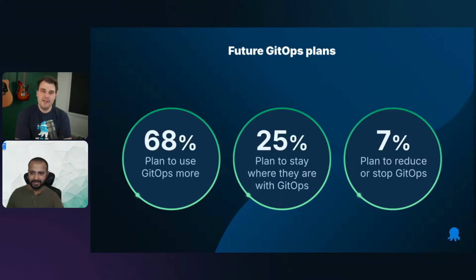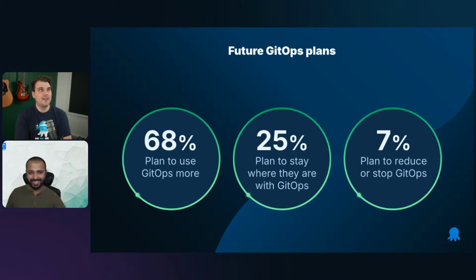So in our report, we also asked folks what their plans were for GitOps in the future. And we saw that 68% plan to use GitOps more, 25% plan to stay where they are with GitOps, and interestingly, 7% plan to reduce or stop GitOps. And I know you asked me a few weeks ago when you saw this number, why is that?